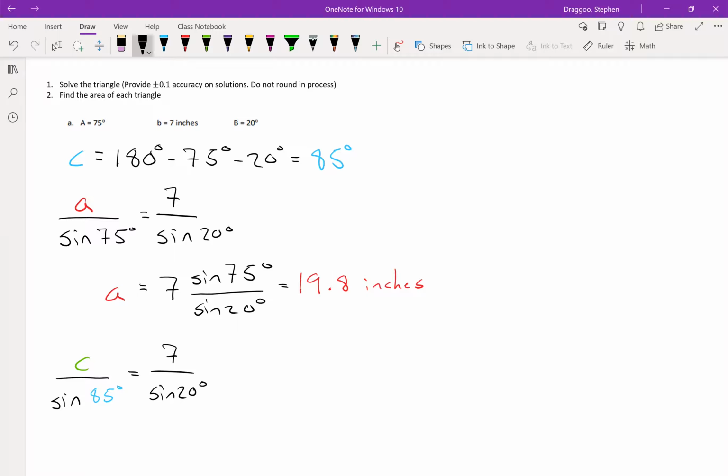But I'm going to want to set it equal to the ratio that I know the most about, which means hopefully going back to the given information.